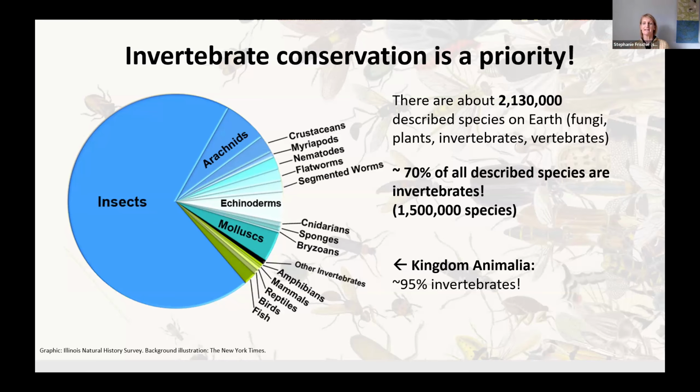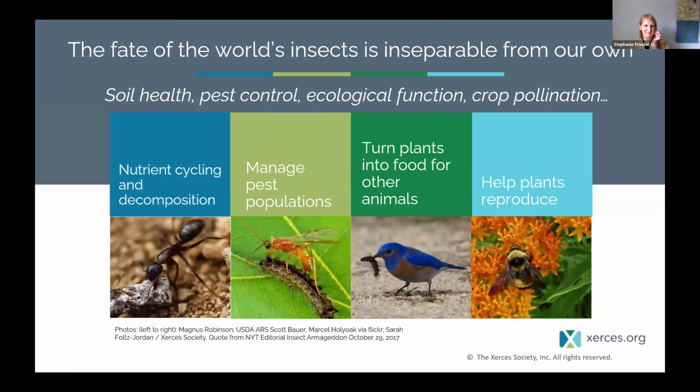And of all these insects, it's estimated that roughly 2% are pests, from a human perspective, causing any kind of economic damage to our interests or economic activities. With all this invertebrate and insect diversity, it's pretty clear that the fate of the world's insects is inseparable from our own.